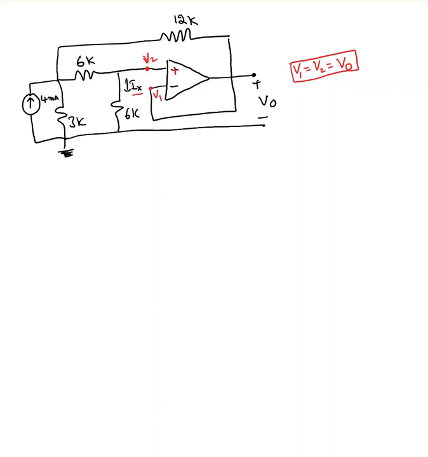So the voltage at this point is V2. Now let me choose this node as Vx. At Vx apply KCL.